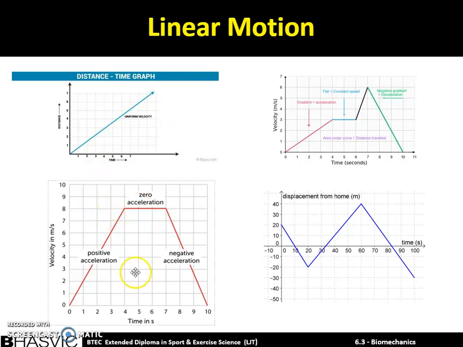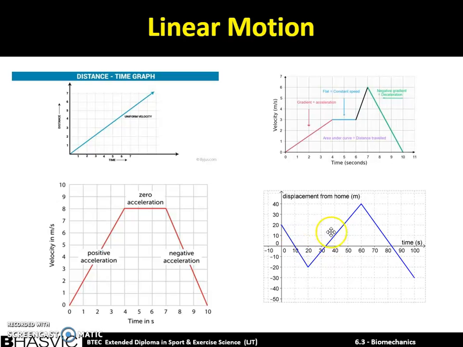The area under the curve or under this graph can be calculated as the total distance traveled of the body over that period of time. So you would do 3 times a, add this to the area of these two triangles here, the positive and negative acceleration, and that will equal the total distance traveled over the period of 10 seconds.